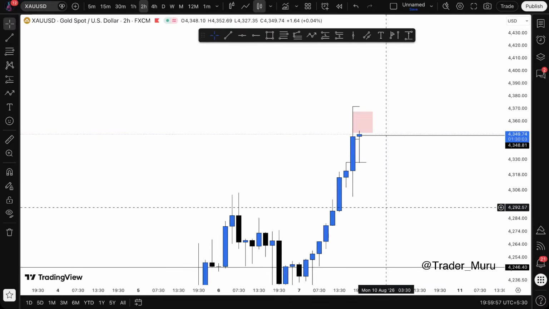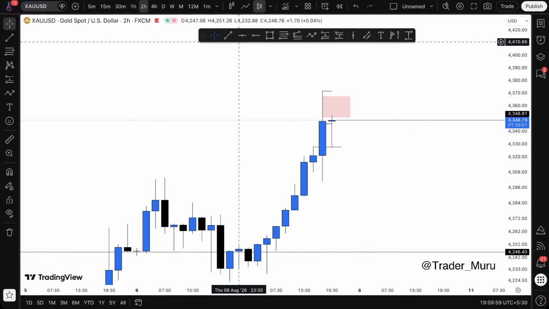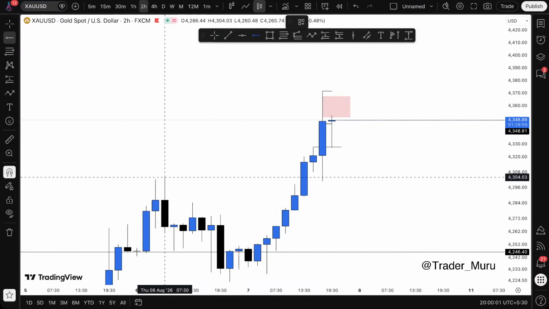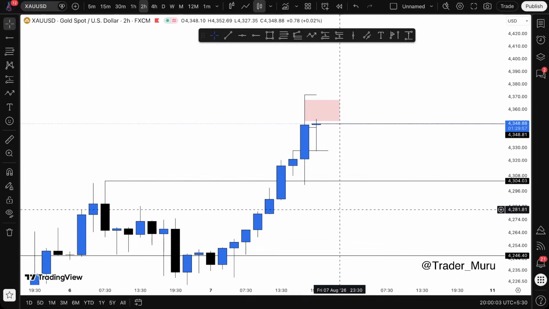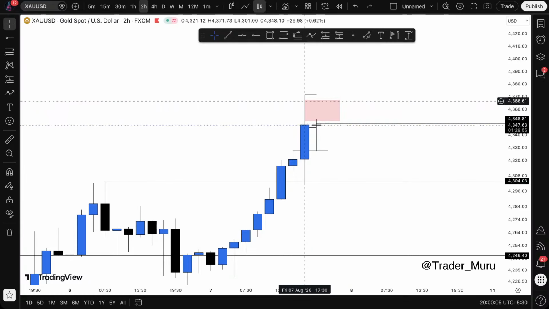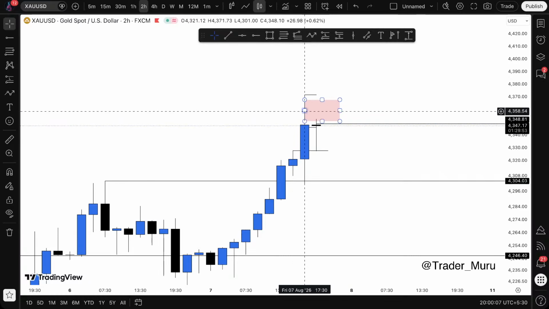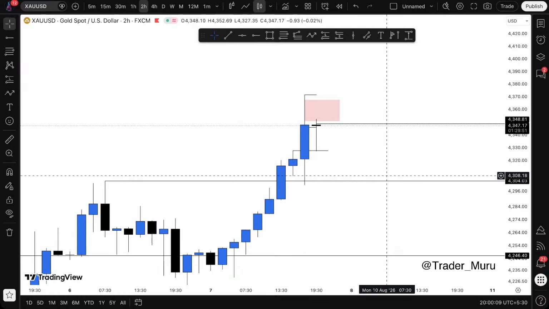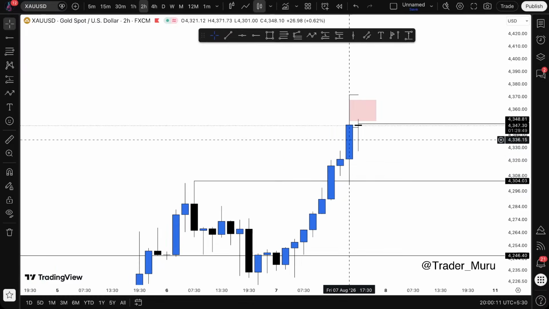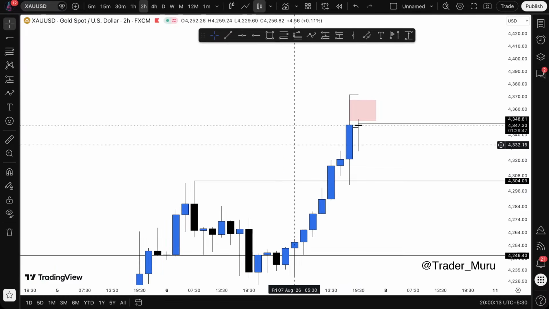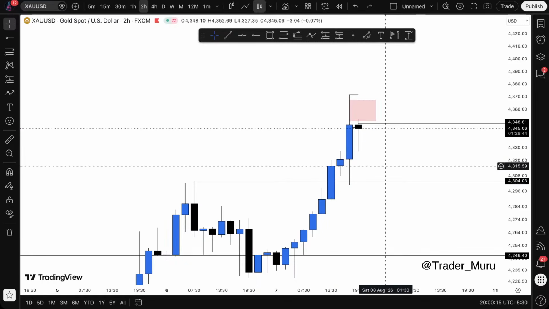And they are saying that I didn't tell them that price will go up from here, test this area and go up, test 4355 and start dropping from there. How do I know this? Because I know that price will do something like this.